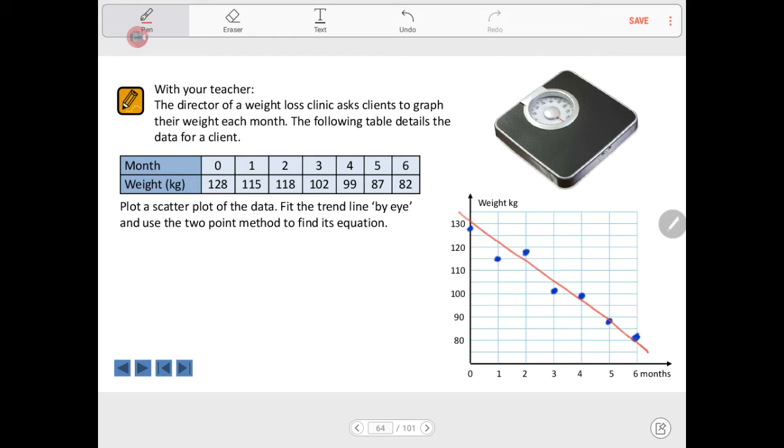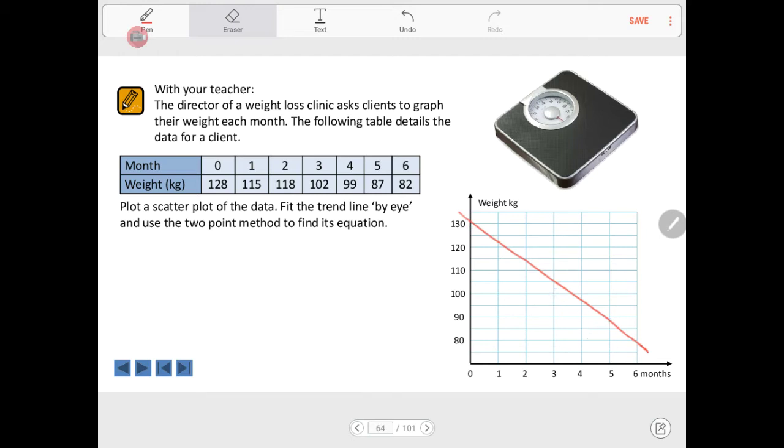Now, the next task is to find 2 points on the line, any 2 points. Now, just to illustrate this, we don't really even care about our data points anymore. I just want to get rid of the data points just to show that they're not the focus anymore.